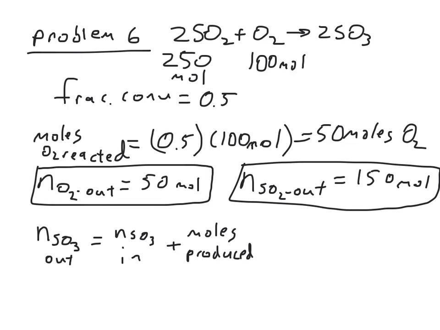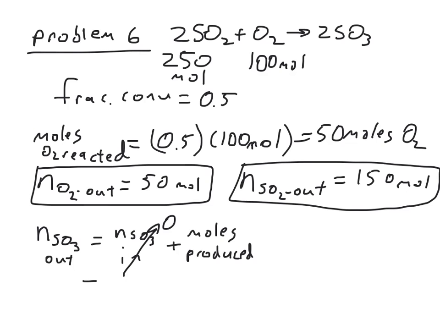We're creating moles of SO3 rather than reacting them away. Well, this part is straightforward. The SO3 in is 0. We're not starting with any SO3 in our reactor feed. We're simply producing moles of SO3 according to this reaction.